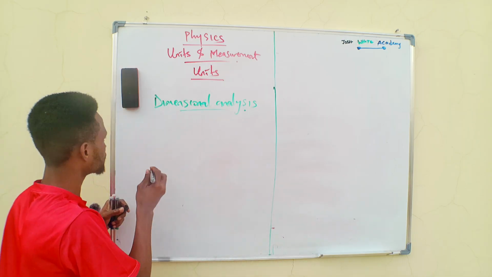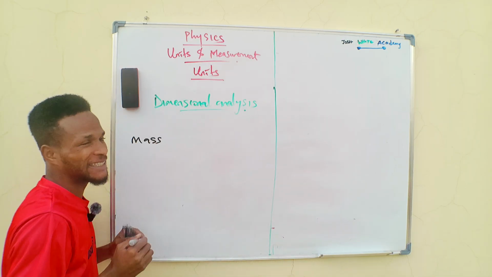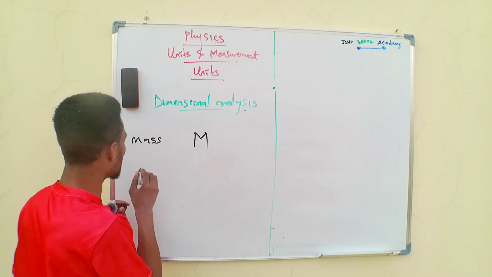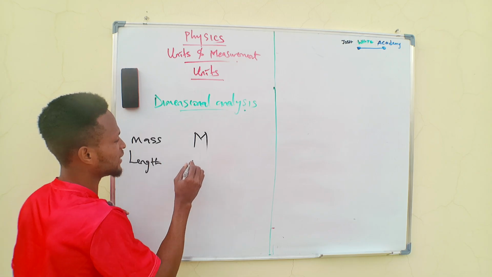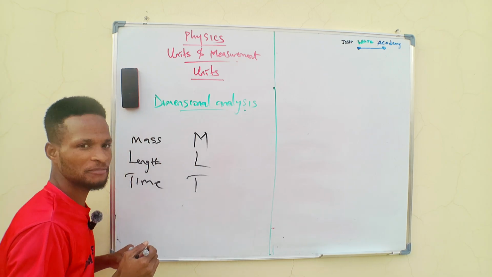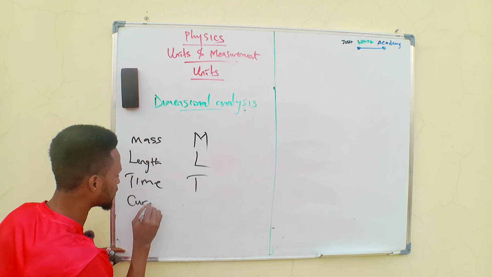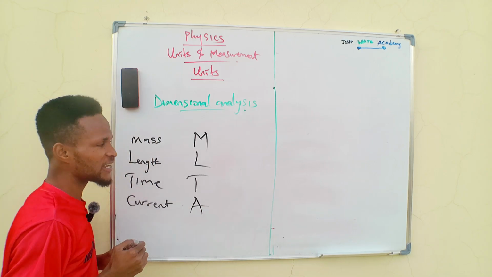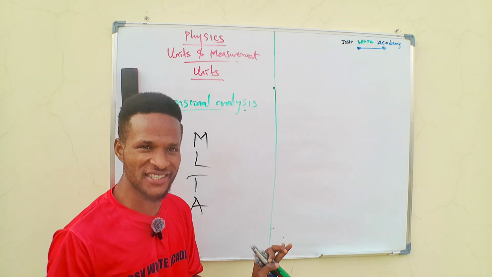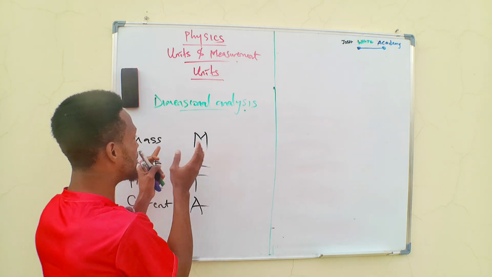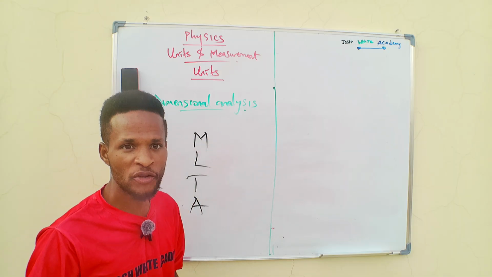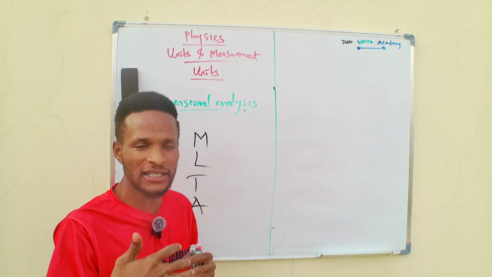Like, for example, the dimension of mass is capital M. The dimension of length is capital L. The dimension of time is capital T. The dimension of current is capital A. So please, this should not be mistaken with units, because the unit of mass is not M, it's kilogram, but the dimension is what we've listed here. So we will be using this to analyze dimensions.